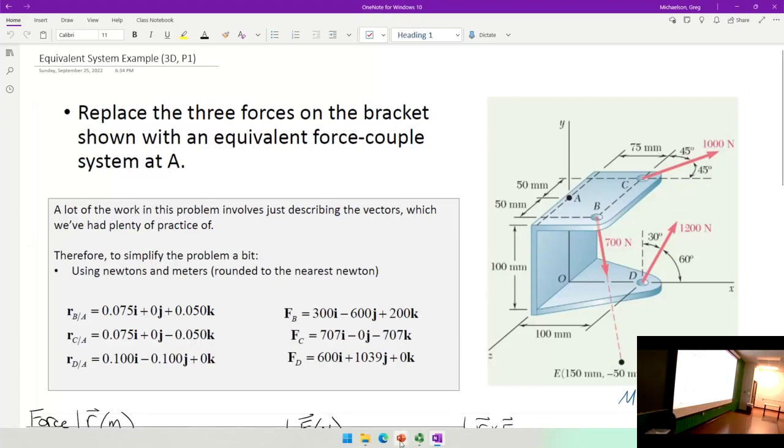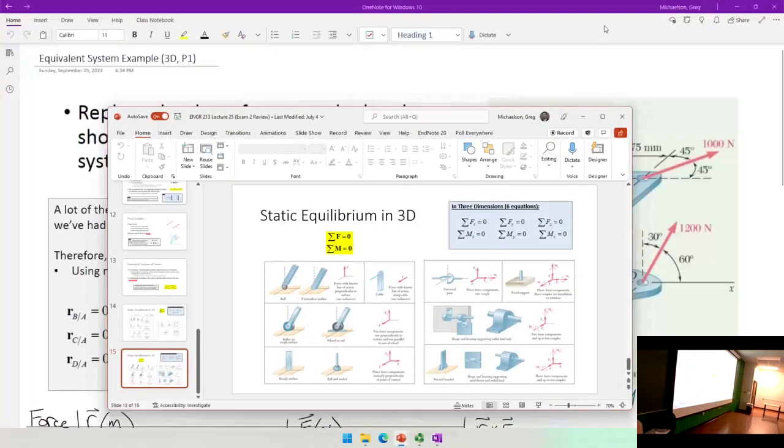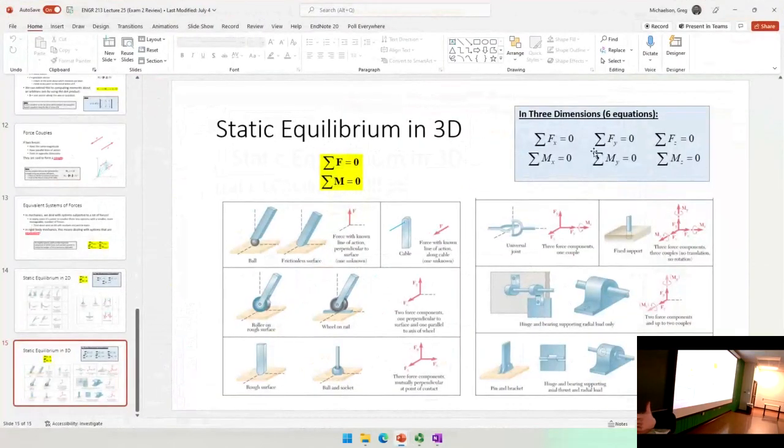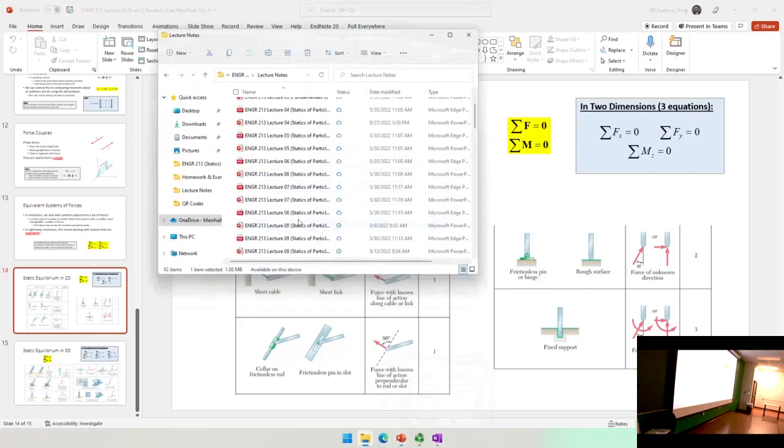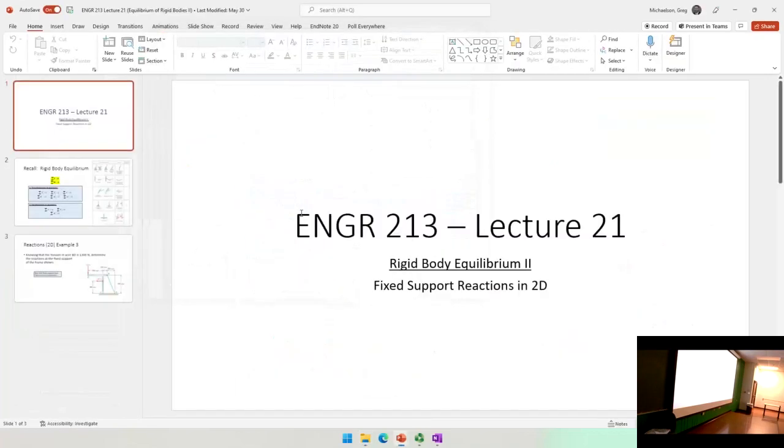Okay. Here's how I would address that. And maybe I should have put this slide in my review slides, but I didn't. Let's take static equilibrium in 2D. These are all the potential boundary conditions that the textbook lists. In 2D, the only ones, let me find maybe it's this one right here.